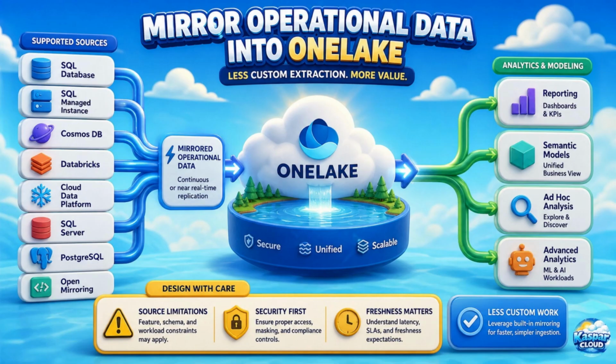Mirroring is an important near real-time data integration capability within Microsoft Fabric. It enables supported external systems to continuously replicate data into OneLake with reduced dependency on custom extraction and replication pipelines. Fabric documentation describes mirroring support for sources including Azure SQL Database, Azure SQL Managed Instance, Azure Cosmos DB, SQL Server, Snowflake, PostgreSQL, Databricks, and open mirroring scenarios for additional platforms.